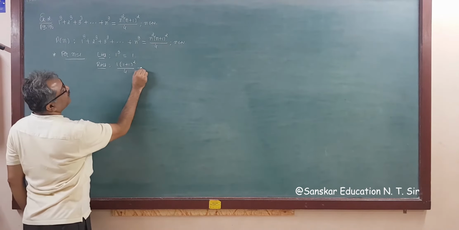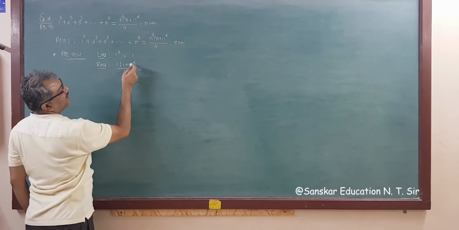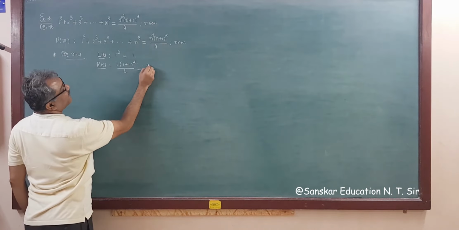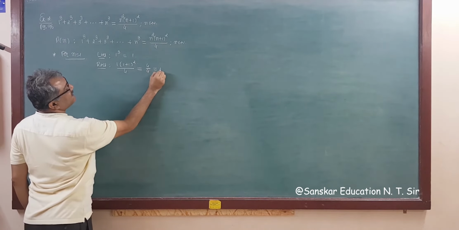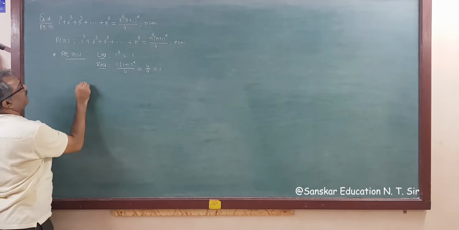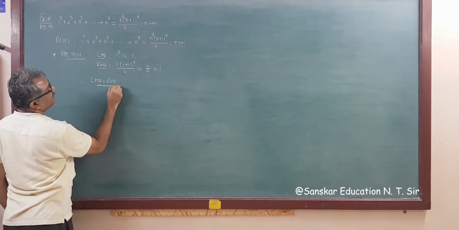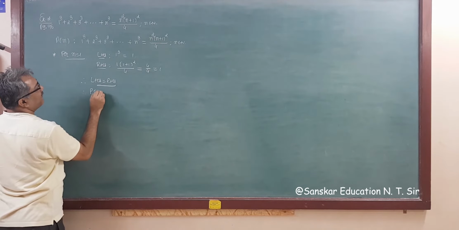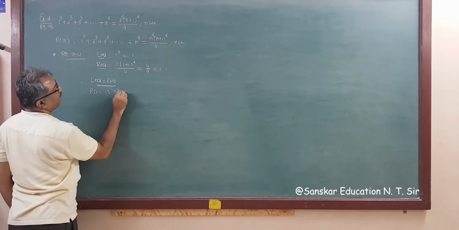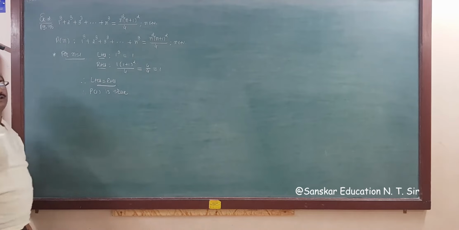Now 1 plus 1 is 2, 2 square is 4 divided by 4, that is 1. So therefore left hand side is equal to right hand side. Therefore P1 is true.